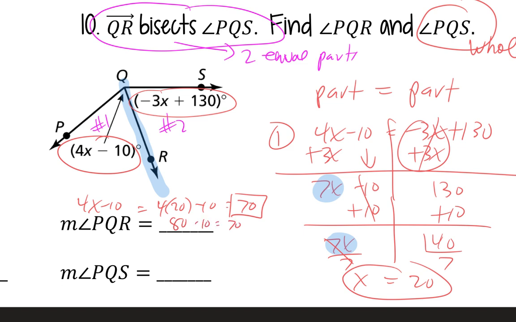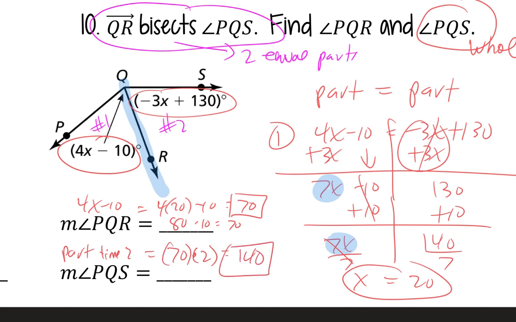Okay, now PQS. PQS is the whole thing, right? So we know the whole thing is the part times 2. So that's going to be equal to 70 times 2, which is equal to 140.